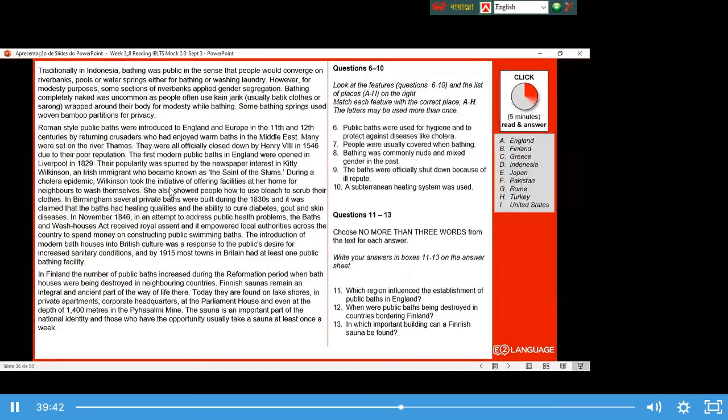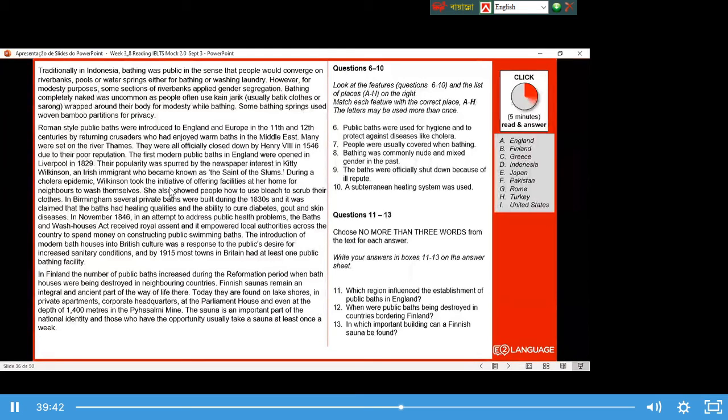In the introduction of modern bathhousing, British culture was responsible for private bath design. Okay, we'll see number 10 later.